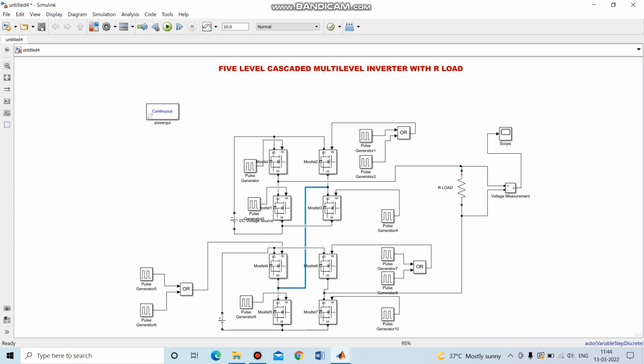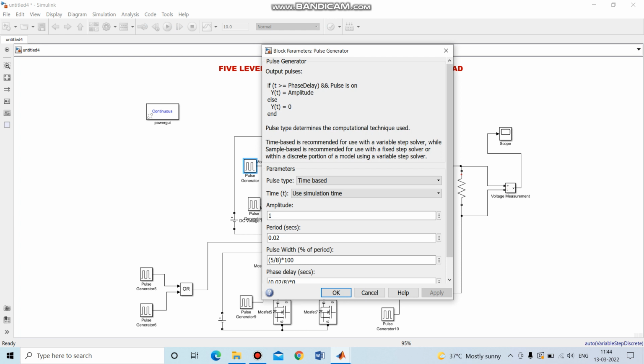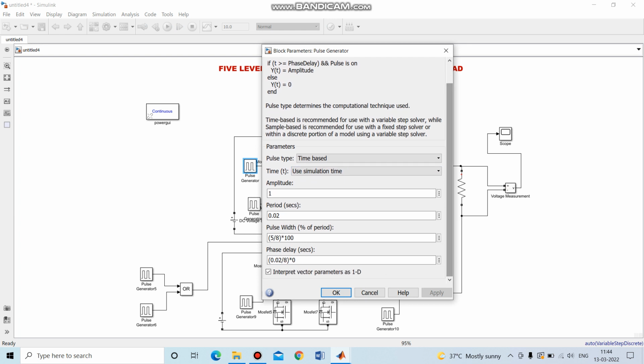Now we are going to give the pulses. You want to concentrate so much on these pulse generator values. This is the first pulse generator. The pulse generator parameters should be: amplitude 1, period 0.02 seconds, then pulse width 5/8 into 100, then phase delay 0.02 divided by 8 into 0. The 0.02 comes from the frequency, that is 1/50.